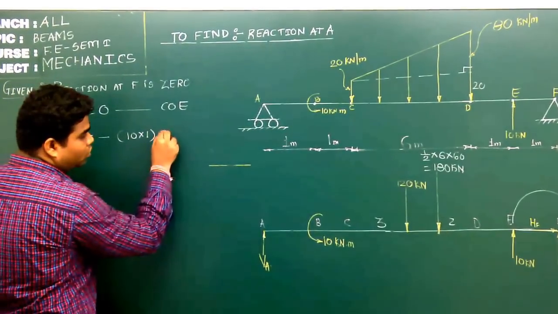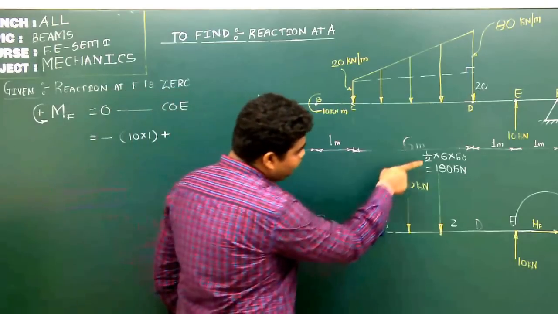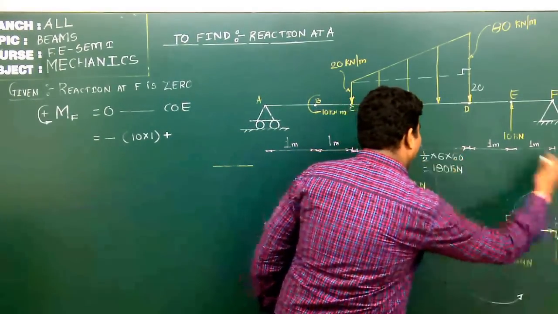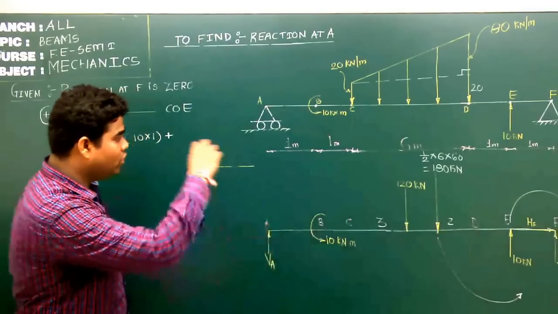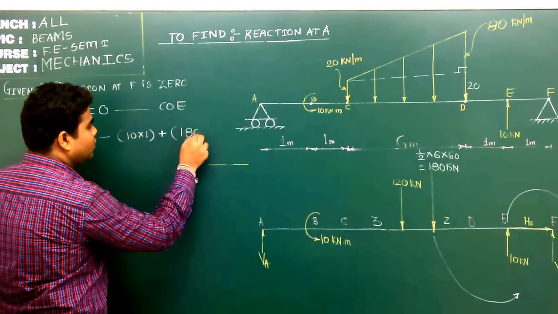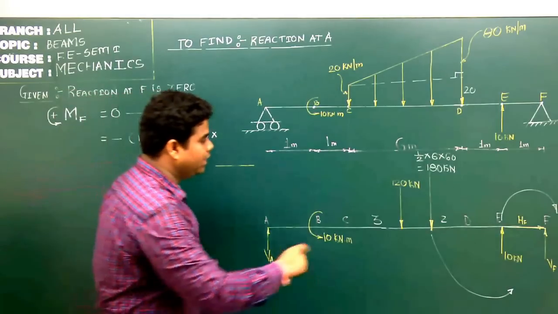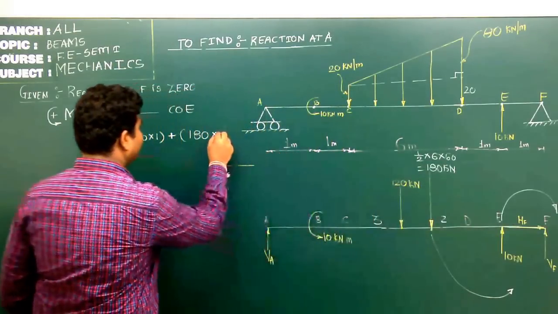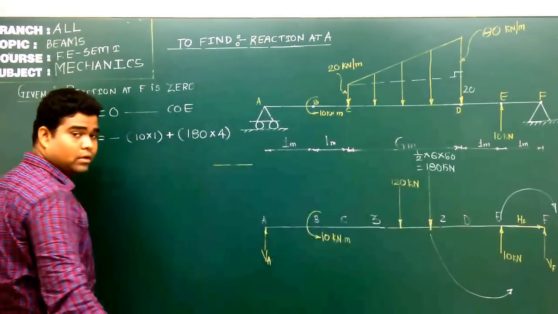Similarly, another force, 180 kilonewton, with respect to F generates anti-clockwise sense, so we consider it as plus. Force is 180 and again from point F, distance is 2 plus 1 plus 1, that is 4 meters.